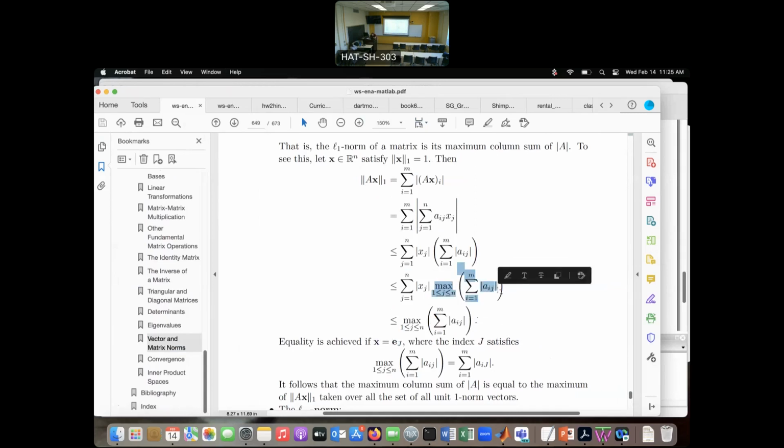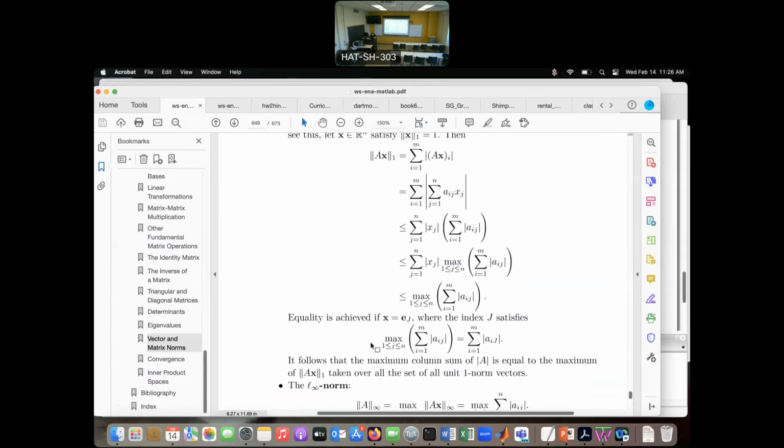Whatever column has the maximum sum, I'm going to call that column capital J. If I set X equal to E sub capital J, then the one norm of A times X will equal this, not just be less than or equal to it. And that completes the proof.